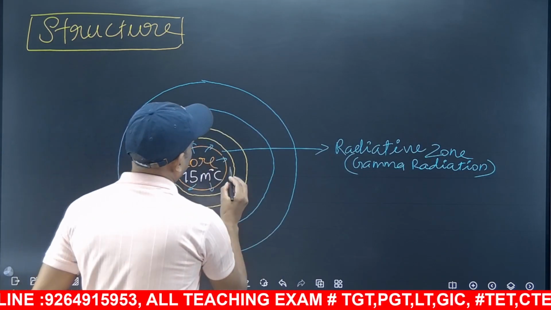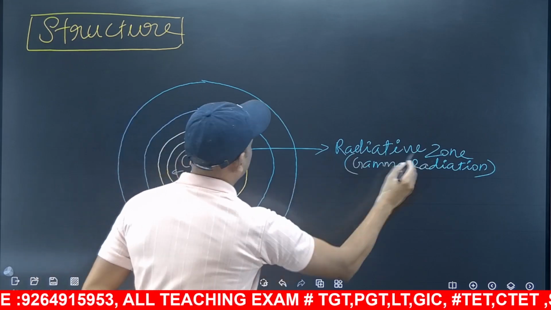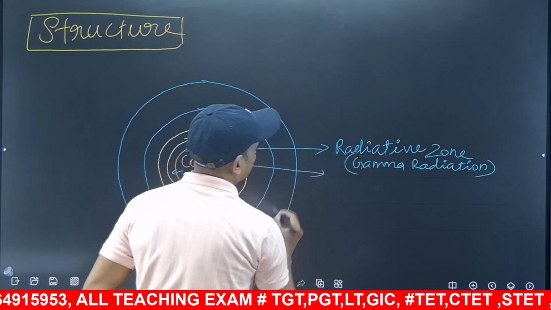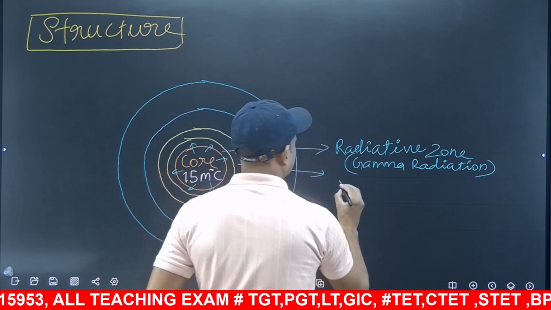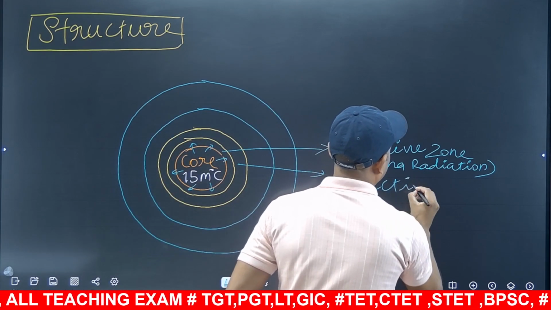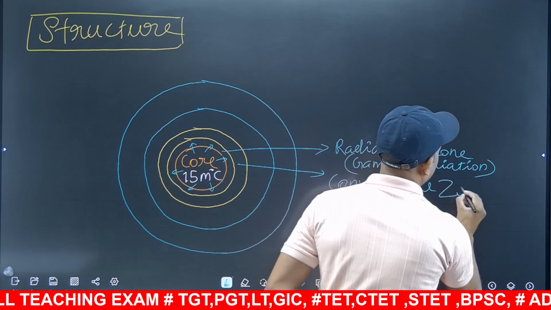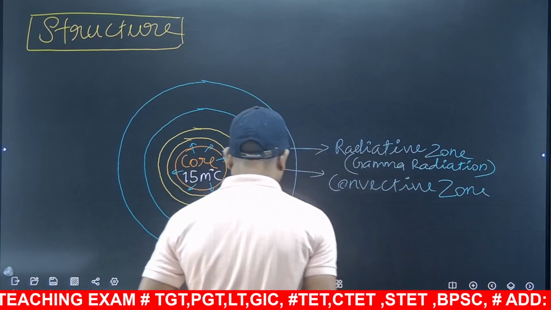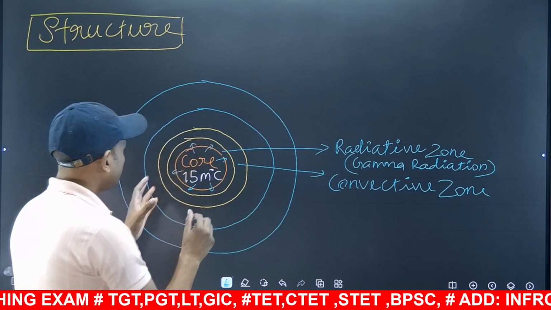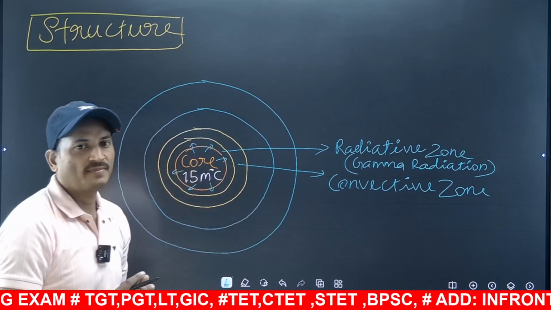Further, when we talk about the transportation of energy from the radiative zone to the convective zone, this is the convective zone. In the convective zone, the convection of plasma takes place.